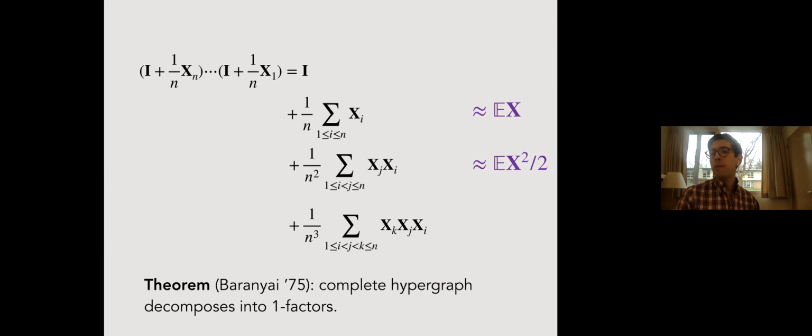But this hypergraph can be decomposed in exactly the same way that I decomposed the graph at the second level. So it turns out that each of these sums later on in the decomposition can also be decomposed into a partition which has independent entries. And so this object with high probability, again, concentrates around x cubed over 6.